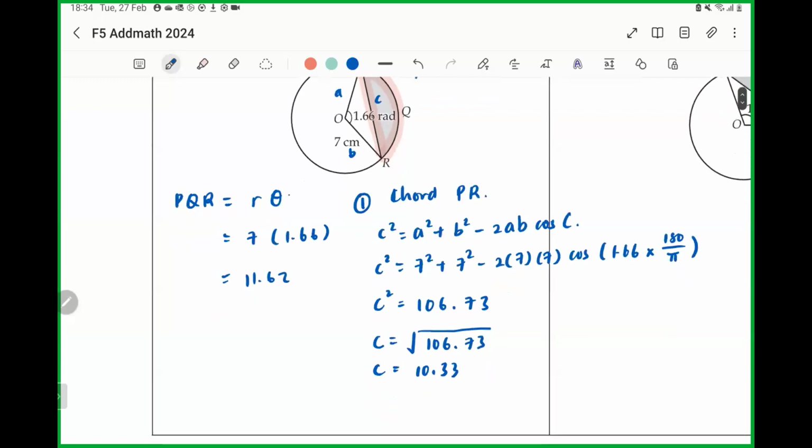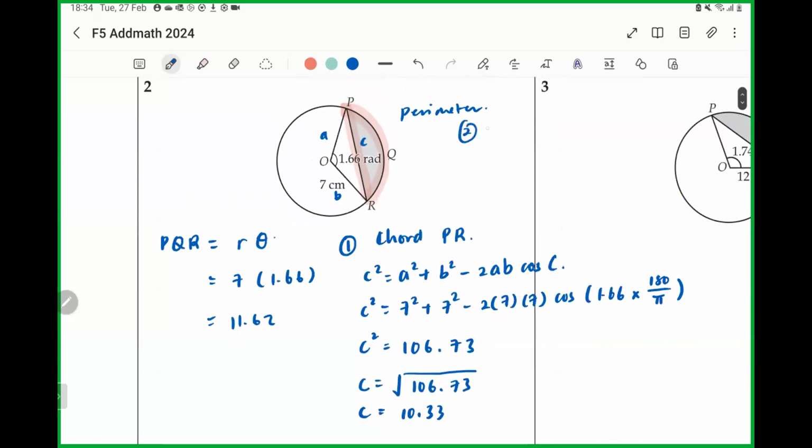The second way you can find the chord is by using, this is from Melan also, chord PR equals 2 sine, what already? 2r sine theta, sorry. So this one will be 2, radius is 7, and then sine theta. You need to change it also, 1.66 times 180 over pi.